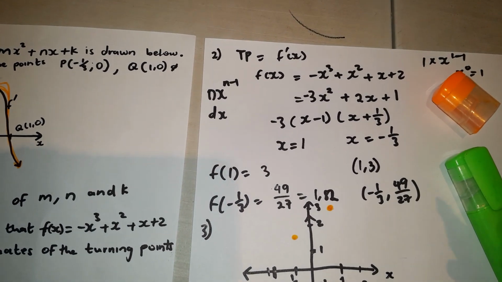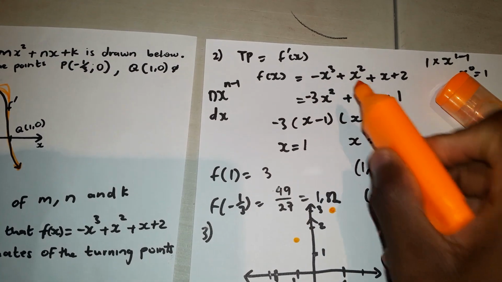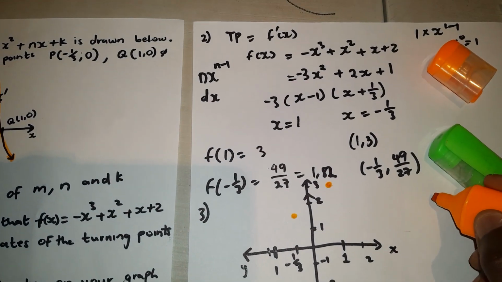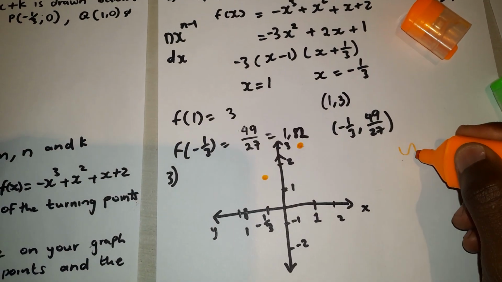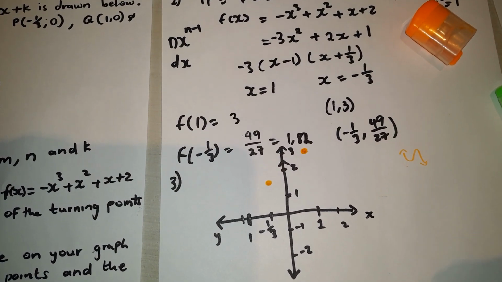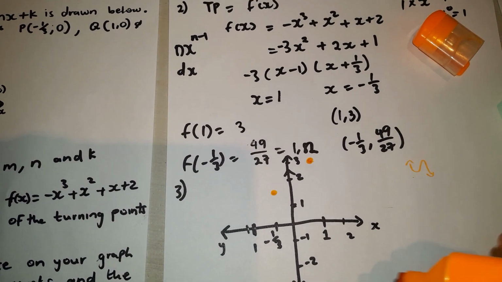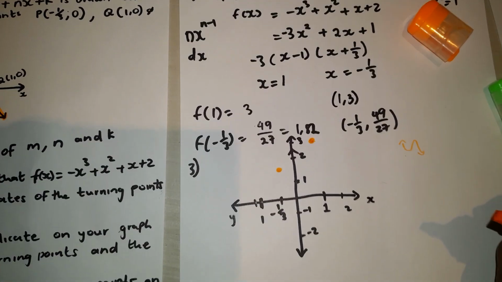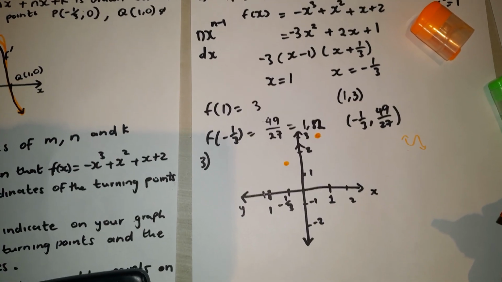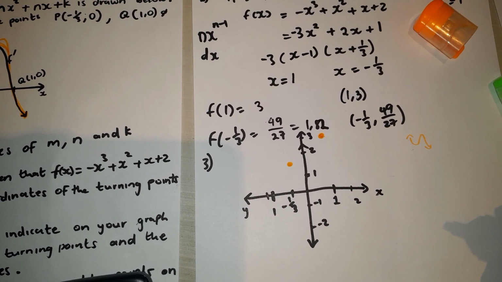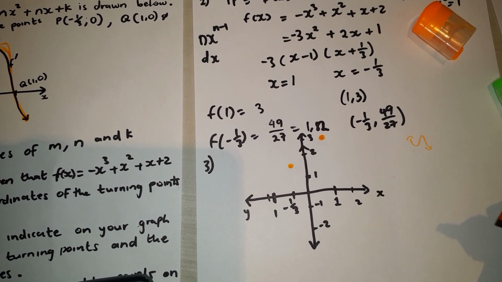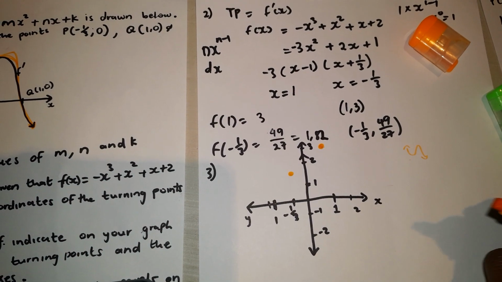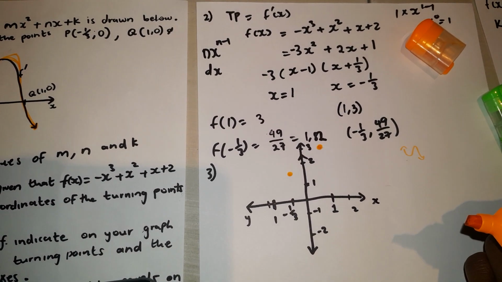And we know because it's negative a, our graph will be like this. From up, it will go down. So since here they're not looking for any concavity that we need to show, the points of inflection, there's no need for us to do them. We're just obeying the instructions.